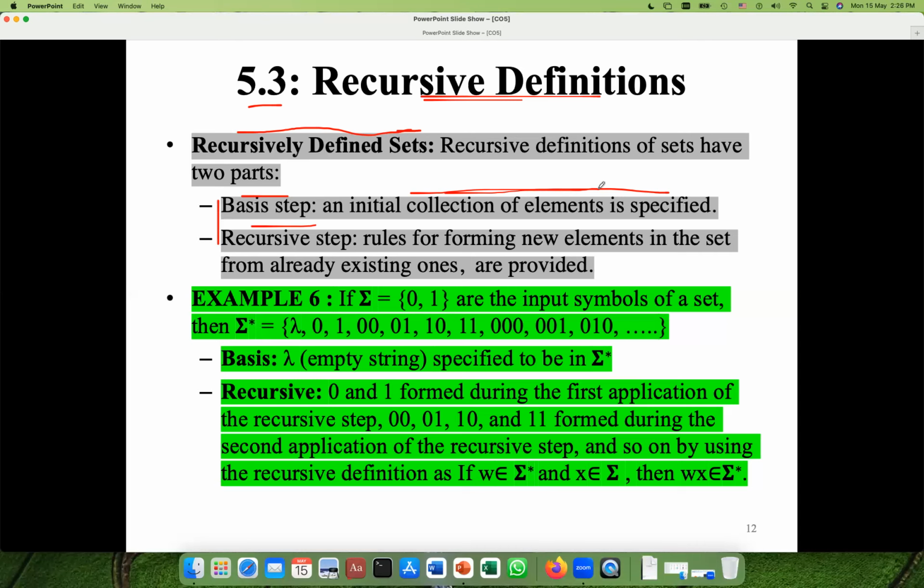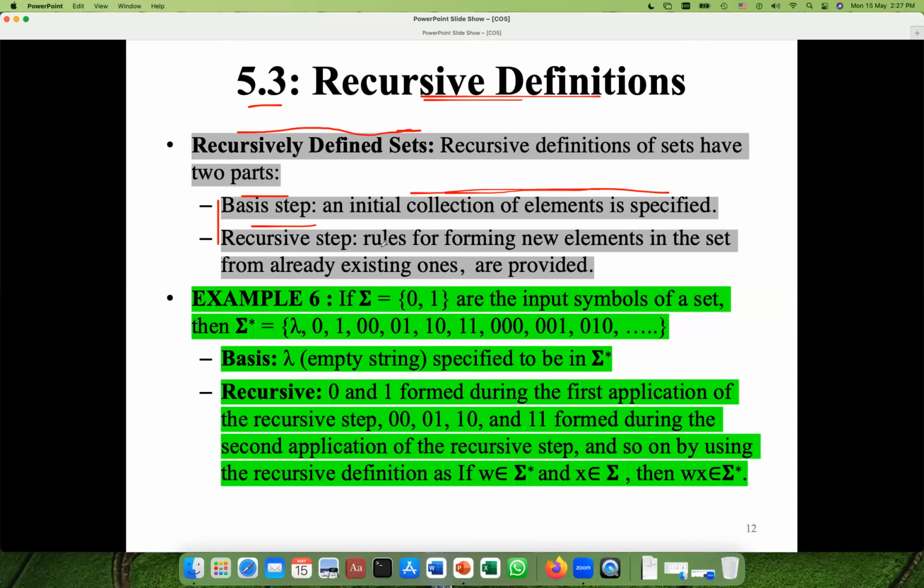And the recursive step is again the same. You have to build some recursive formula-like thing. It can be like a function, but a function is something different, because here you have the elements in the form of a list, in the form of a set. So you will have some recursive formula, and by using that recursive formula, you will generate new elements for that set.